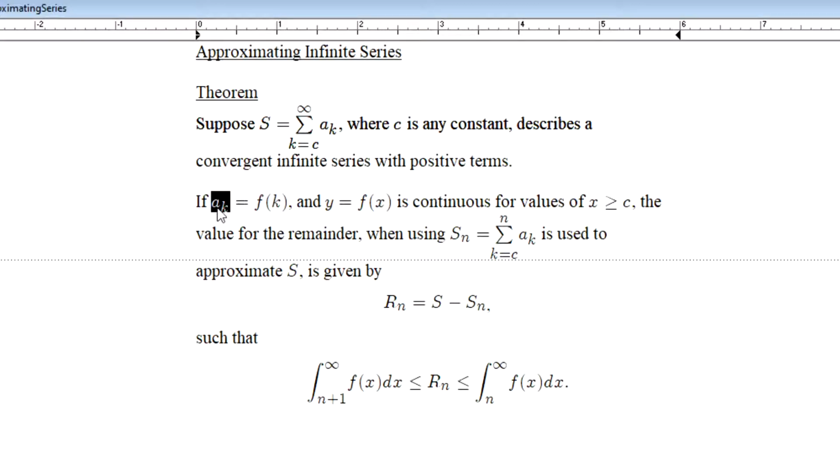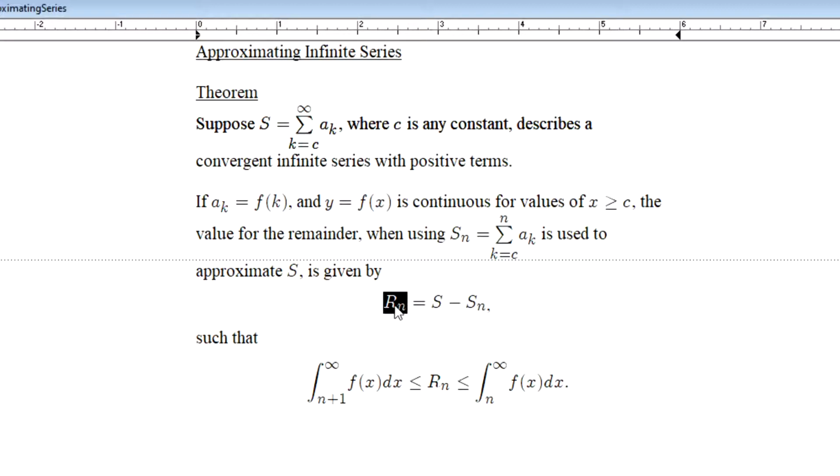To begin with, if the terms of our infinite series can be expressed as an explicit function f of our index value k, and when f is thought of as a continuous function with respect to variable x for values of x greater than or equal to c, the value of the remainder, that remaining portion that gives us the value of S when we consider using S sub n to approximate S, is given by the value of R sub n equal to S minus S sub n.